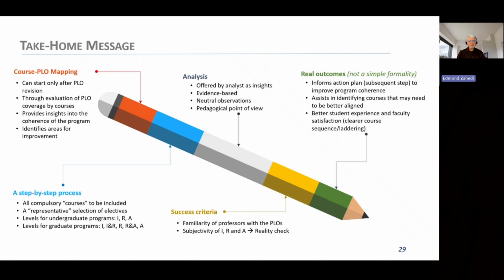The overall objective here is to reach a better student experience and faculty satisfaction. If you have a clearer course sequence, good laddering, a logical stacking up of courses, and everyone is happy with this curriculum, obviously you are going to get a better student experience.